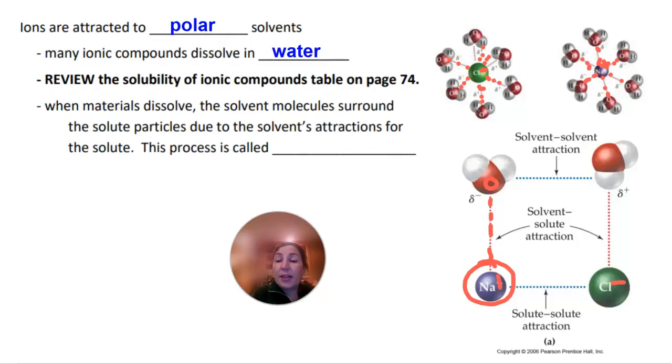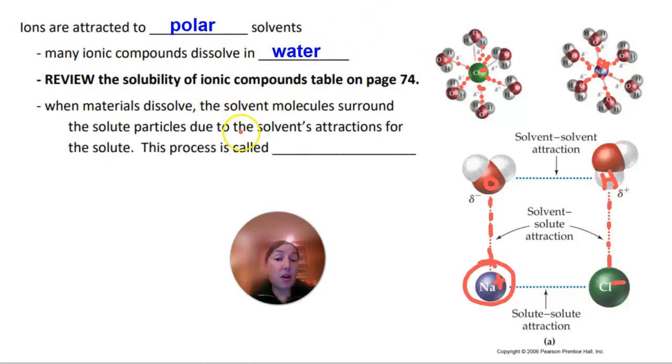Negative chlorine is attracted to the slightly positive hydrogen end of water. Basically, these solvent to solute attractions overcome the actual ion-ion forces.